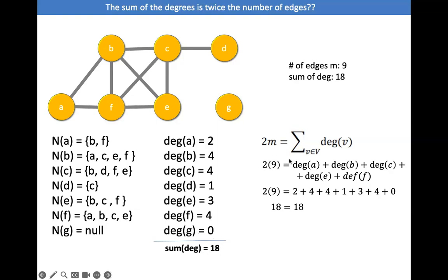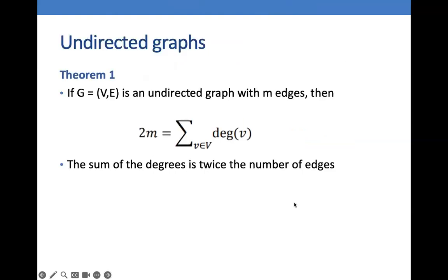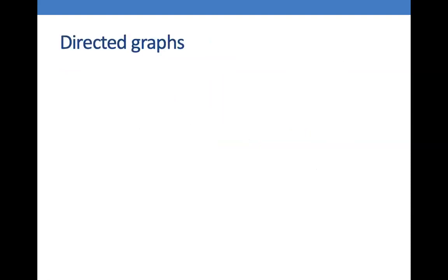If we substitute these values into the equation, we have 2 times 9, the number of edges. This will be equivalent to the summation: degree of A plus degree of B until degree of F. We just substitute all of their values, take their sum, and it is equal to 18. And 2 times 9, or twice the number of edges, is also equal to 18. So we have proven this theorem. Okay, in the next lecture, we are going to discuss directed graphs.